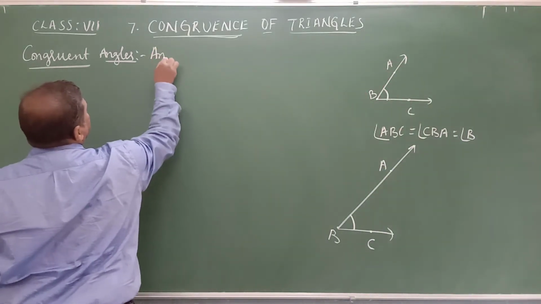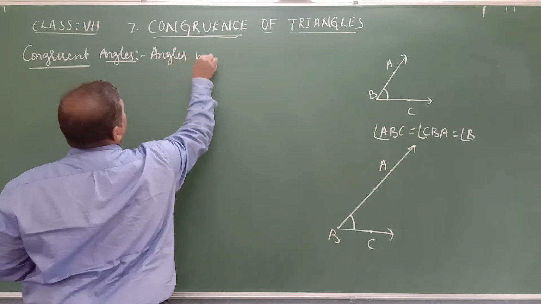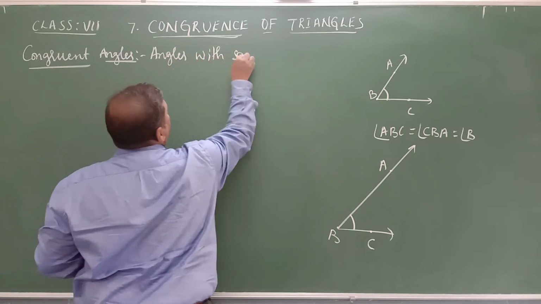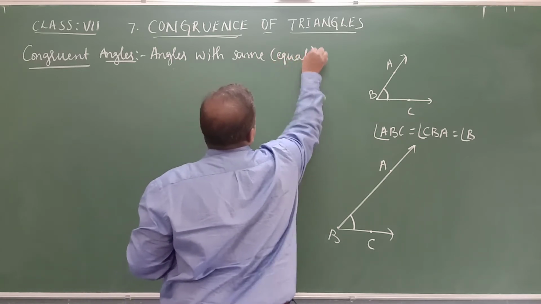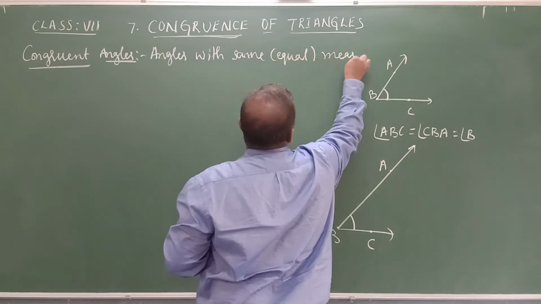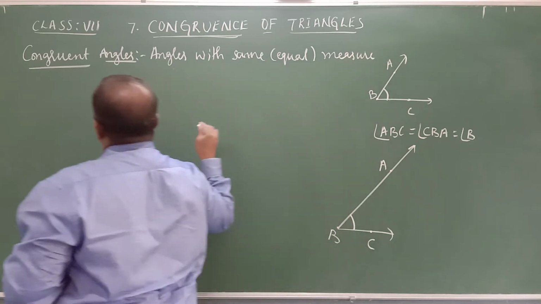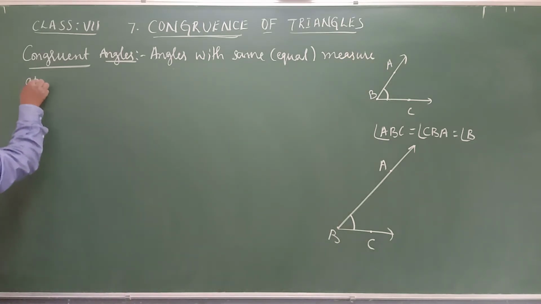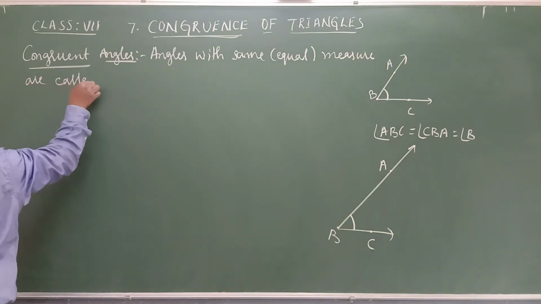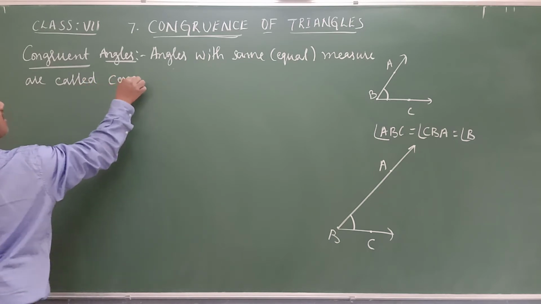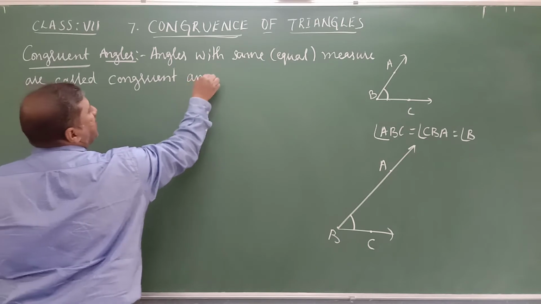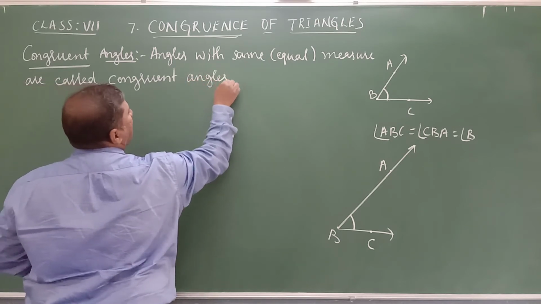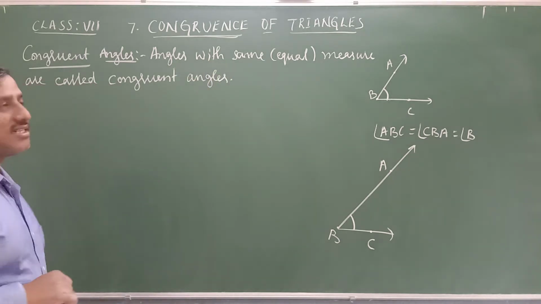Angles with the same or equal measure are called congruent angles.